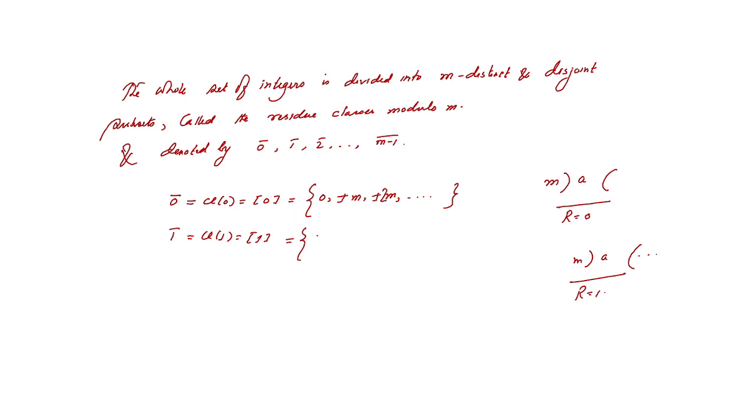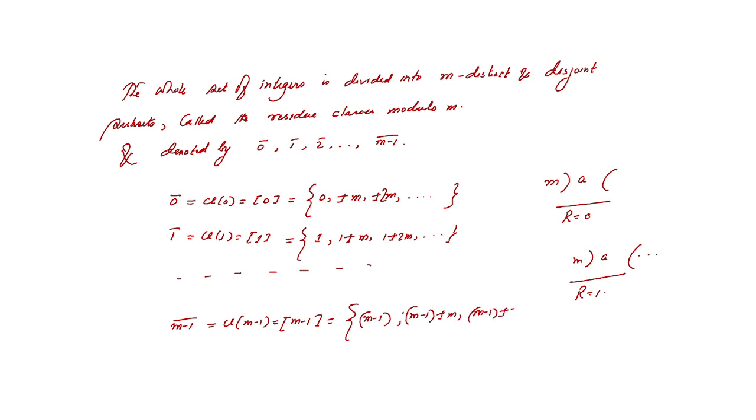So that will be 1 or 1 plus minus m or 1 plus minus 2m and so on. In that way, the last one is class m minus 1, which is m minus 1 or m minus 1 plus minus m, plus minus 2m and so on.